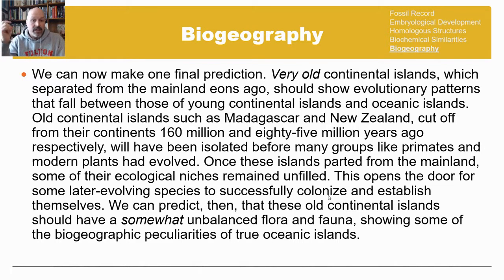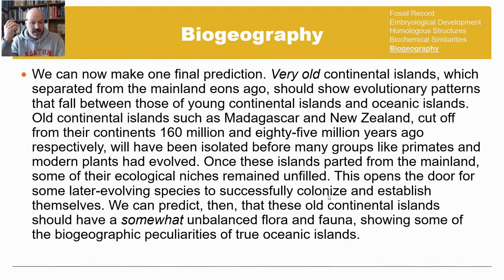Old continental islands, like Madagascar, right off the coast of Africa, and New Zealand, cut off from their continents 160 million years ago and 85 million years ago, respectively, will have been isolated before many groups like primates and modern plants had evolved. Once these islands parted from the mainland, some of their ecological niches remained unfilled. This opens the door for some later evolving species to successfully colonize and establish themselves.